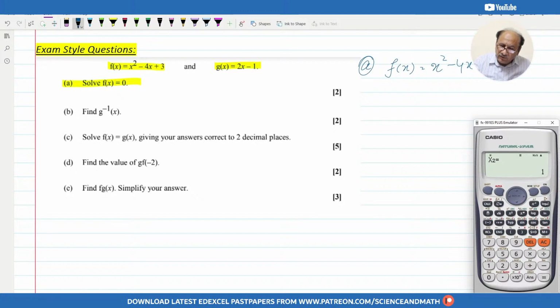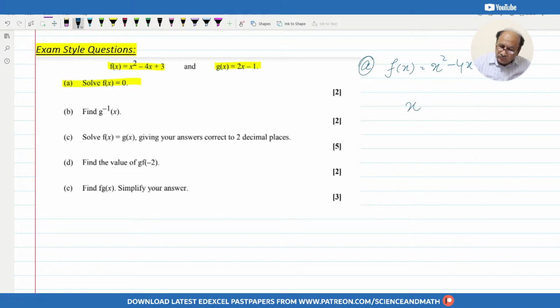So we can write factors: 3 and 1 are the numbers, and we change the sign. So x minus 3 and x minus 1 is equal to 0. We can write the intermediate step also: x into x minus 1 minus 3 into x minus 1 is equal to 0.